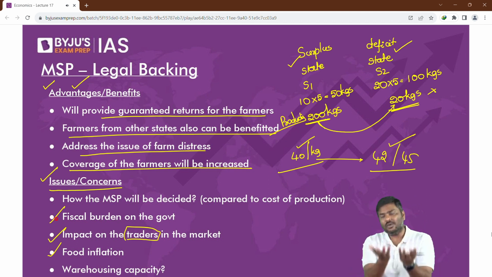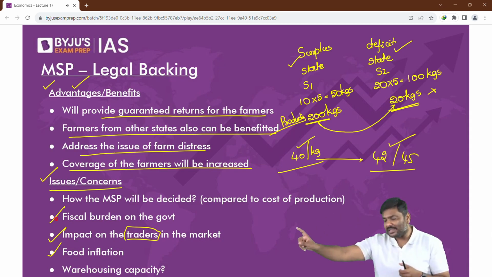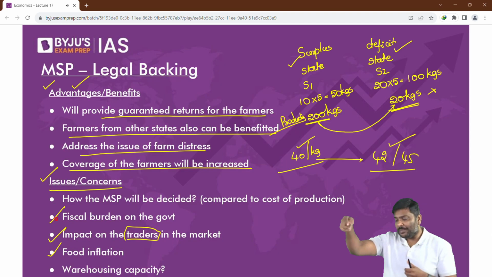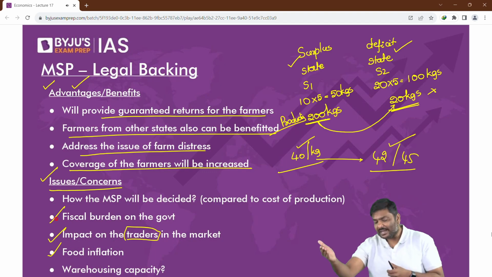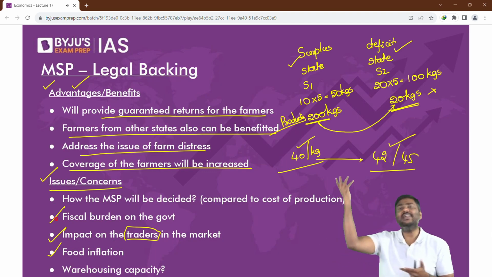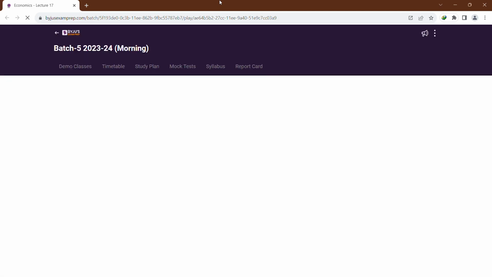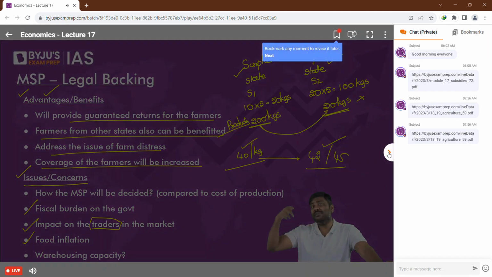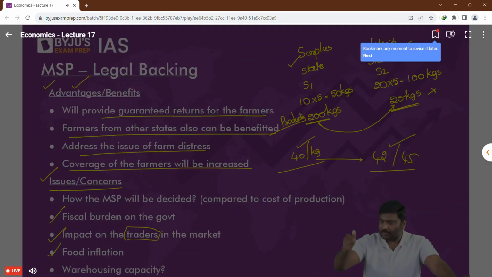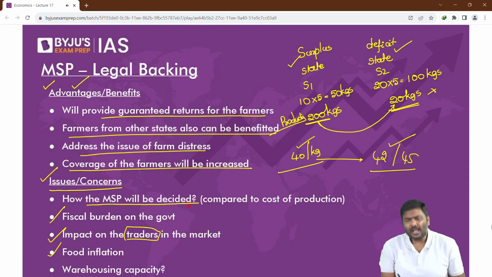If government increases MSP, farmers will sell more of their crop to government of India because they want to get MSP. And if they sell more of their crop to the government, what will happen to supply in the open market? Supply in the open market will go down. And if the supply will go down, what will happen to market prices? Market prices will start increasing. Increasing MSP to very high level might contribute to inflation in the domestic market.